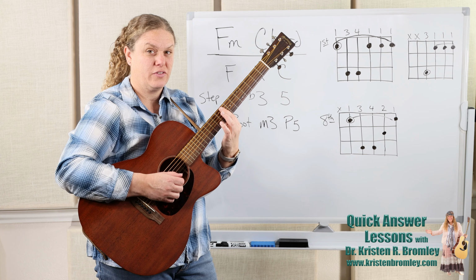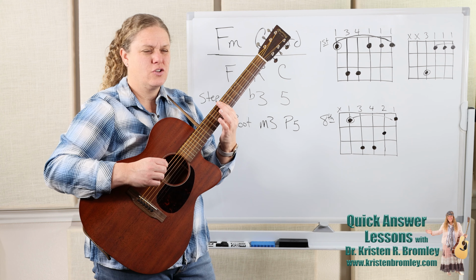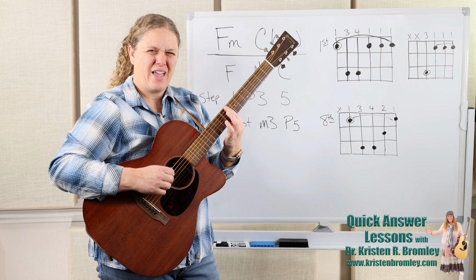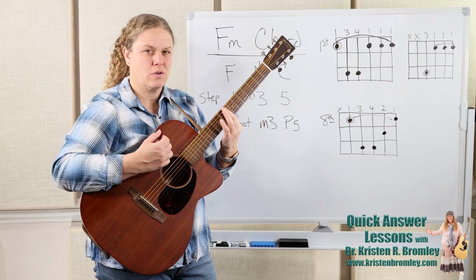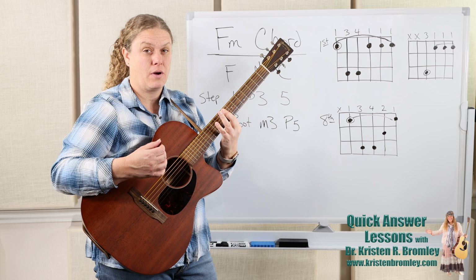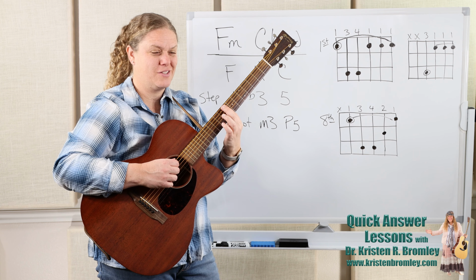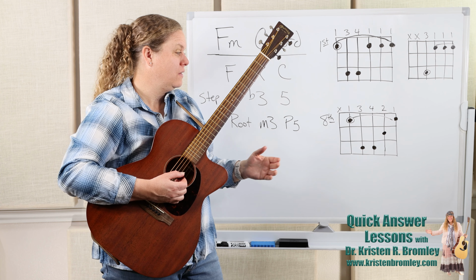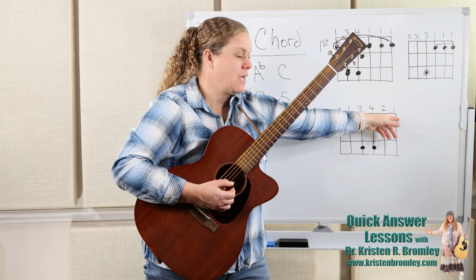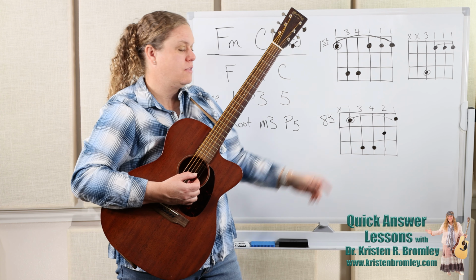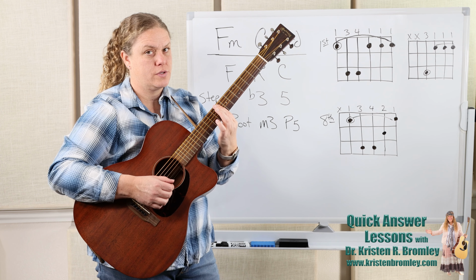We're barring across all 5 strings. I usually use my index finger to lightly touch the 6th string so it's muted, so if I inadvertently strum it, it's not a problem, because we don't want an open E string coming through. But we are catching the top string and the 5th string with the index finger in this voicing.